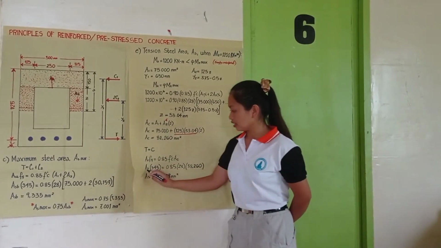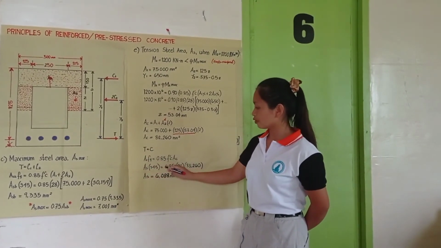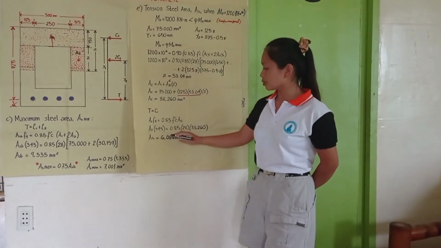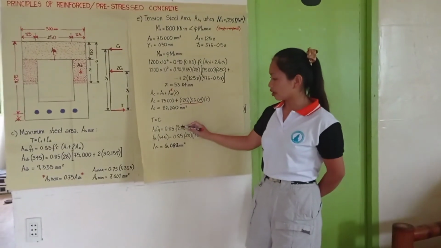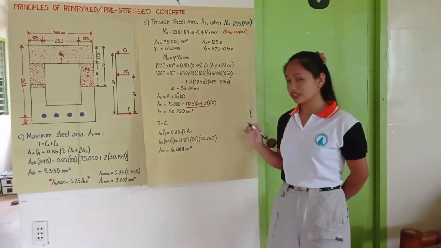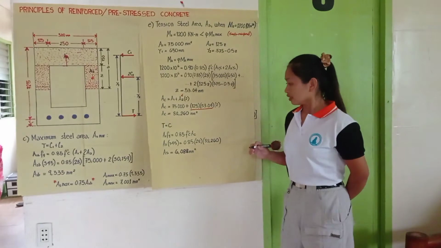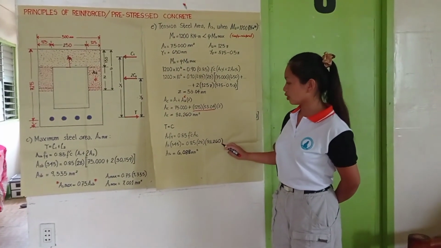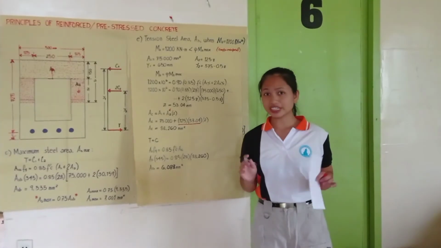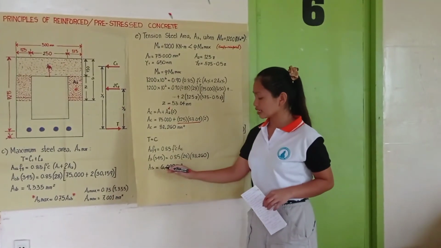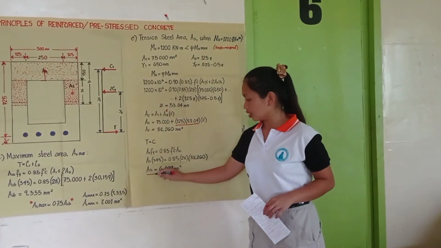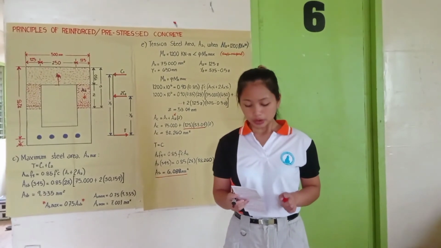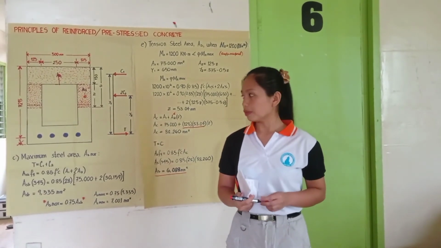So that is As times the value of Fy from the beginning, that is 345 MPa, equals 0.85 times our compressive force, 28 MPa from the beginning, times the value of our AC, that is 88,260. Using our calculator, we arrive at 6,088 millimeters squared. And that is the answer for our last question in this problem.